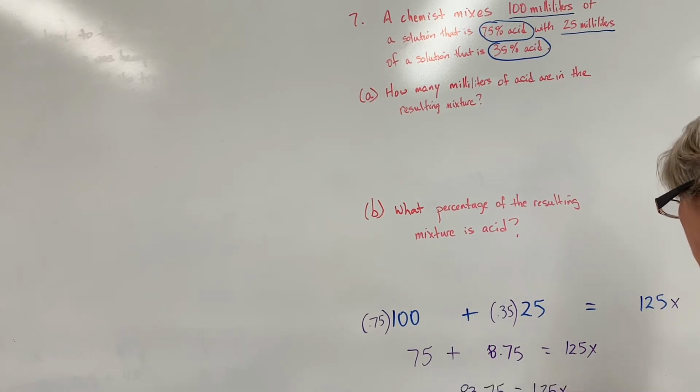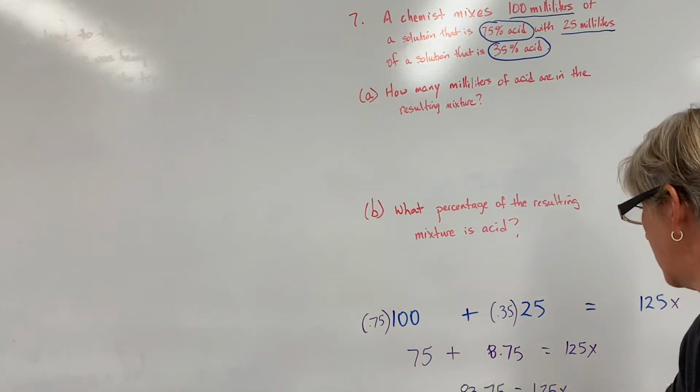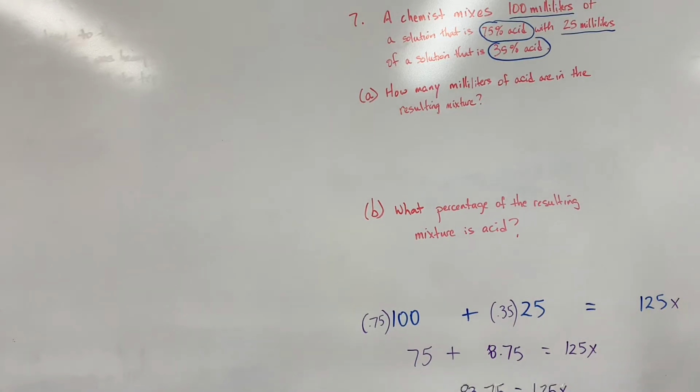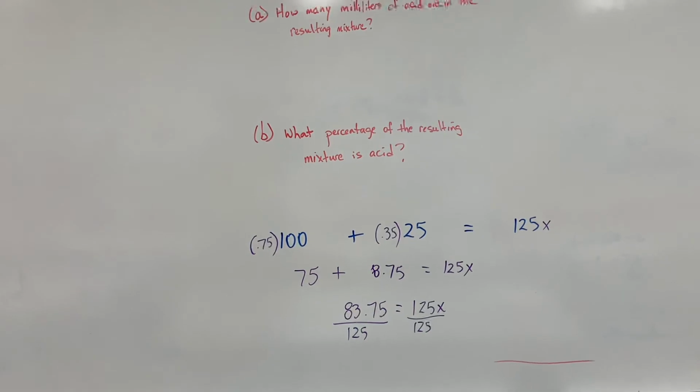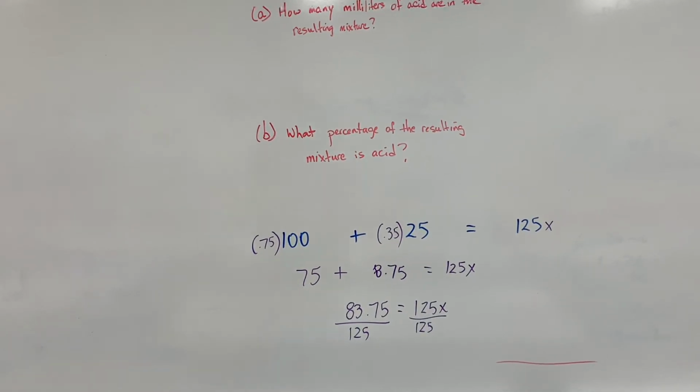And the last thing I would do is divide both sides by 125. So let me get my calculator out. I have 83.75 divided by 125, and I get 0.67.